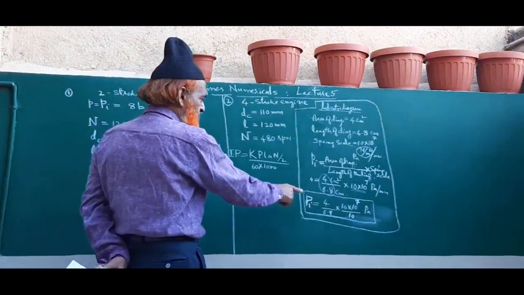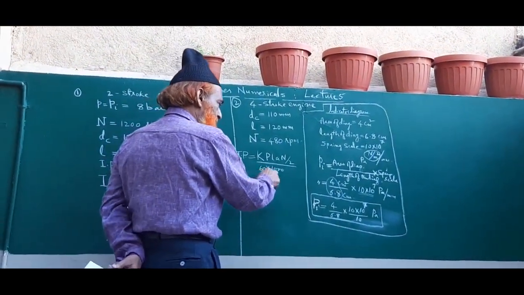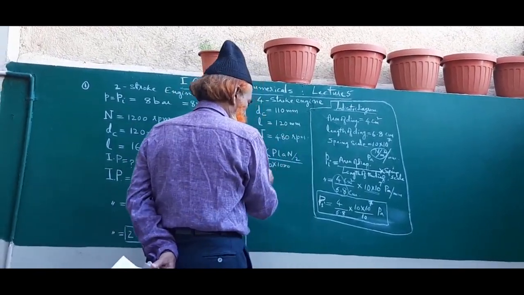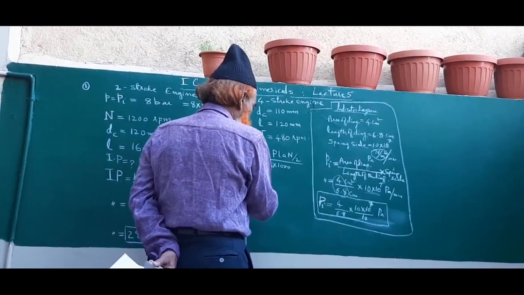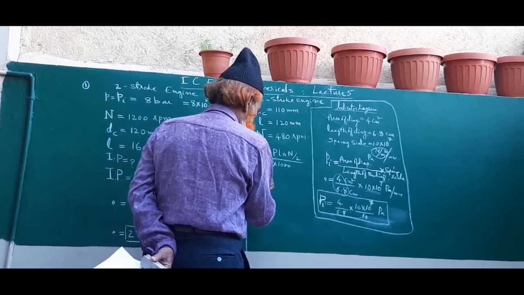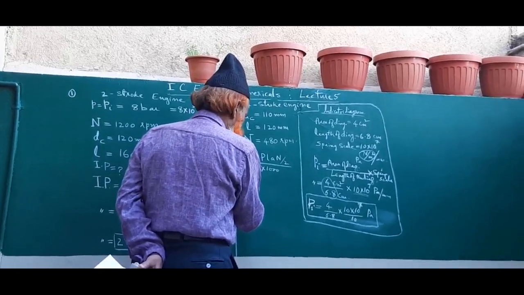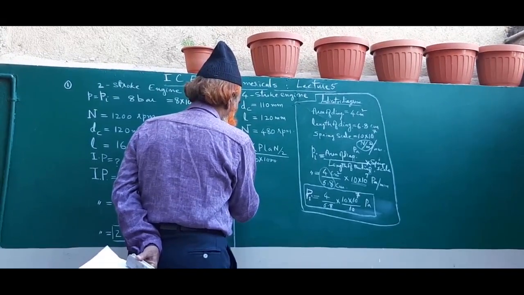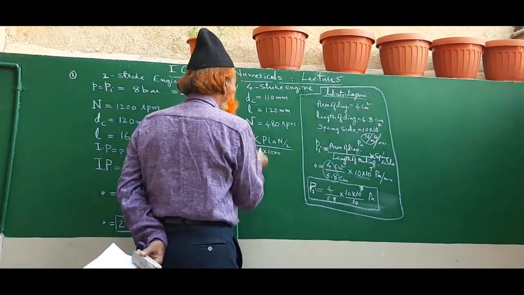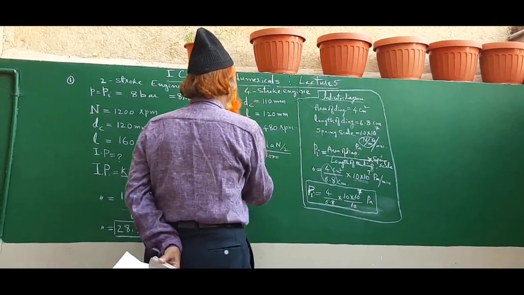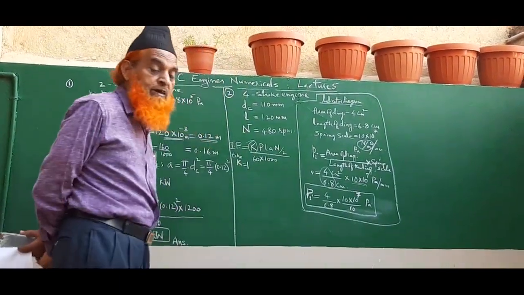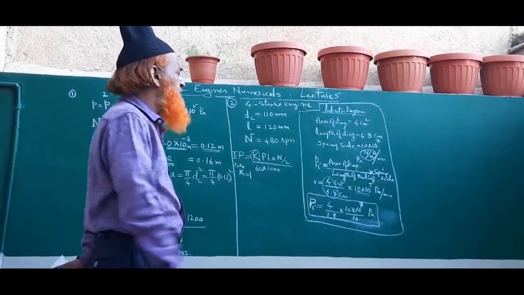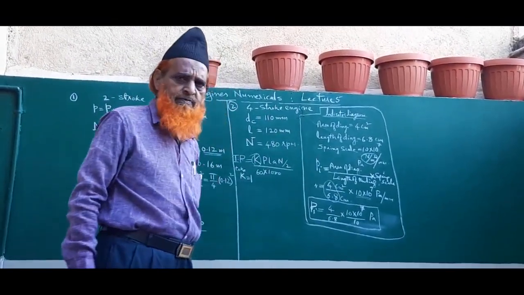This we are taking in Pascal. Therefore this is to be divided by 1000. And this is RPM given. Therefore divided by 60. K value, K is equal to 1. That we have to take because number of cylinders is not given. Take K is equal to 1. When number of cylinders is not given, you can take the formula directly plan by 2. No need of taking this also. If number of cylinders are there, then only we have to put the value of K. Otherwise, plan by 2, that's all. Clear?